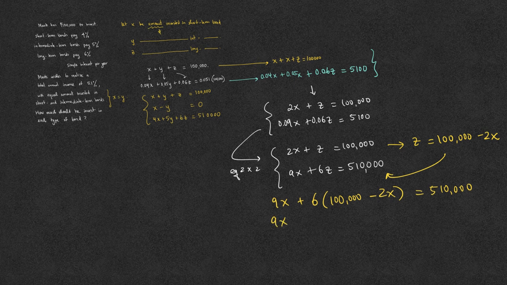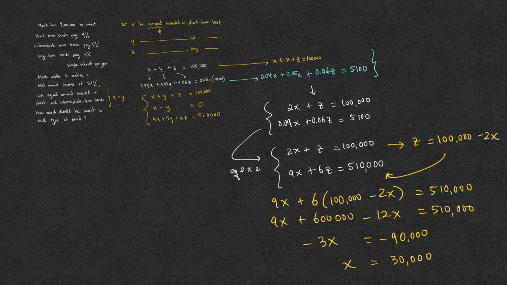This is 9x plus 600,000 minus 12x equals 510,000. 9x minus 12x is negative 3x, and 510,000 minus 600,000 is negative 90,000. So x equals 30,000.